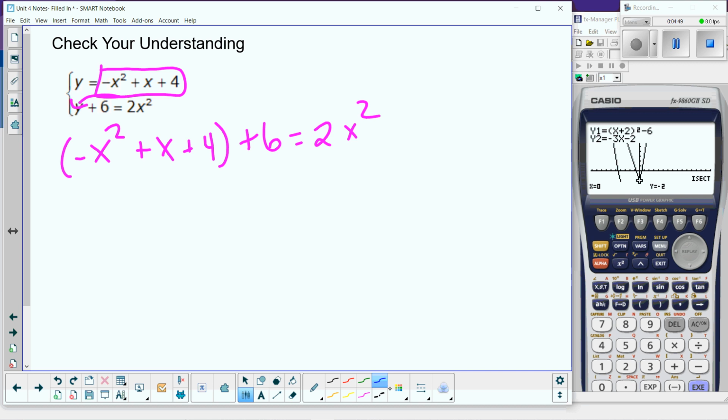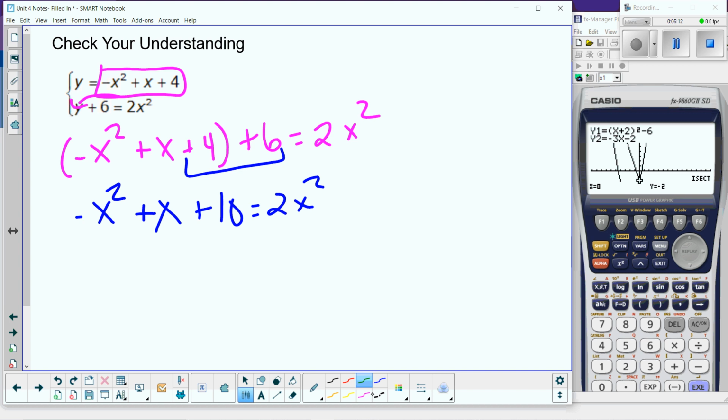Now nothing's going to happen within those parentheses, so we can drop them and combine like terms. So I can combine those: negative x squared plus x plus 10 equals 2x squared.